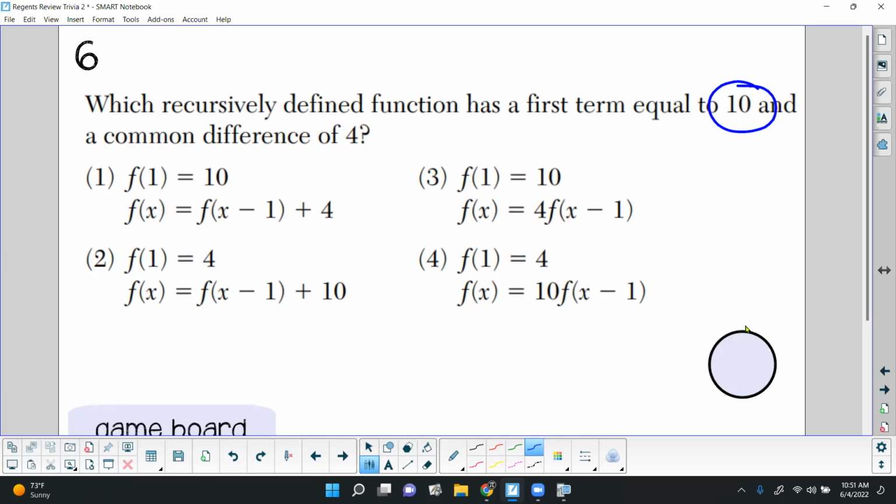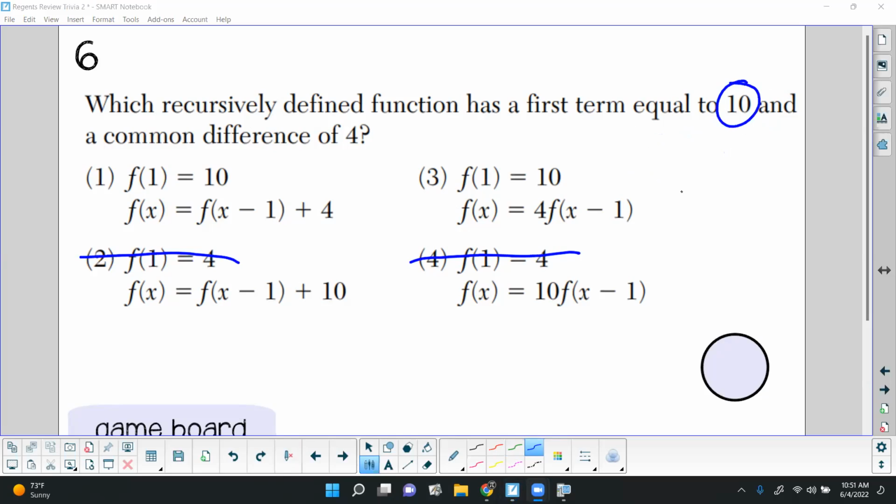If your first term is equal to 10, then you can cross off 2 answers already. That's the function's answer for the first position, right? If the first term is equal to 10, then you should be crossing off these choices. Very good. So we've crossed off 2 and 4.